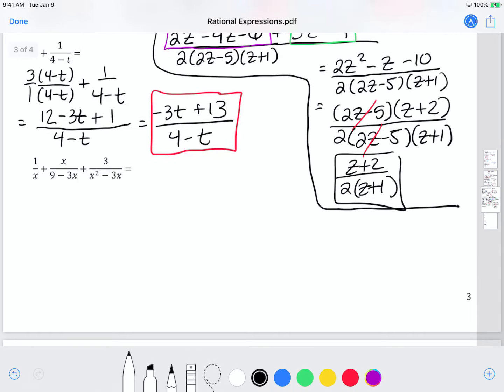Okay, this last example for adding and subtracting rational expressions, it's the same procedure we've been doing so far, only we have 3 fractions now. I'm just going to factor everything in the denominator.